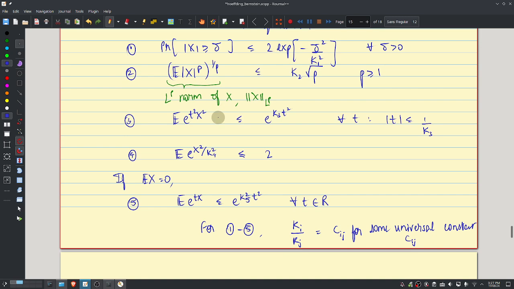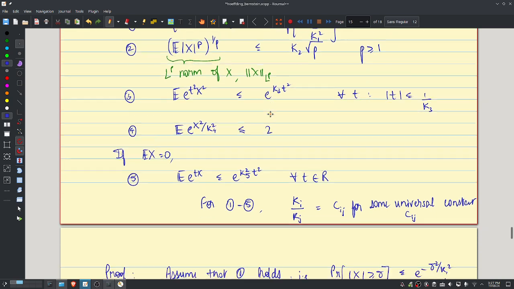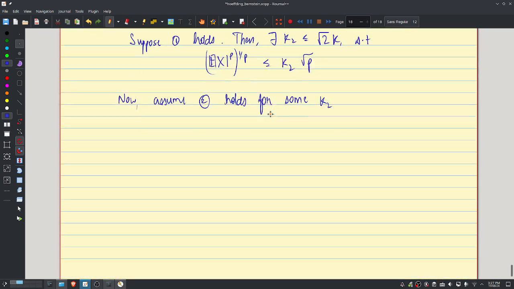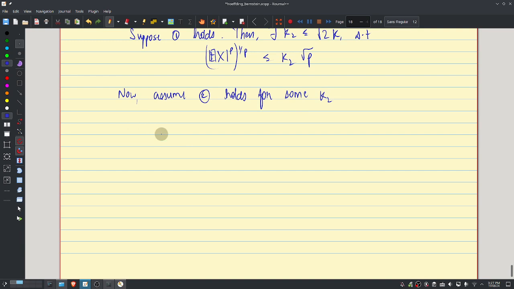We want to show that expected value of e to the t square x square is upper bounded by e to the K3 times t square. Any guesses?